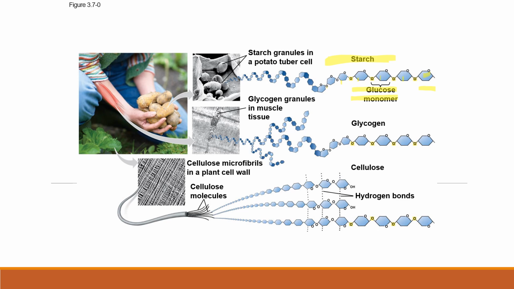As an animal, we don't store a lot of carbohydrate, but animals do store a little bit. And the storage form of carbohydrate in animals is called glycogen. It's really almost identical to starch in that it's also a polymer of glucose.